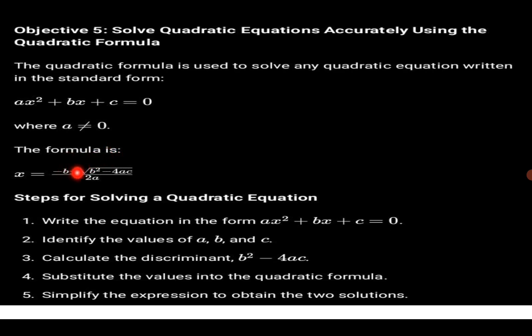The quadratic formula which you have to commit to memory is this one: x is equal to minus b plus or minus the square root of b squared minus 4ac, all over 2a.